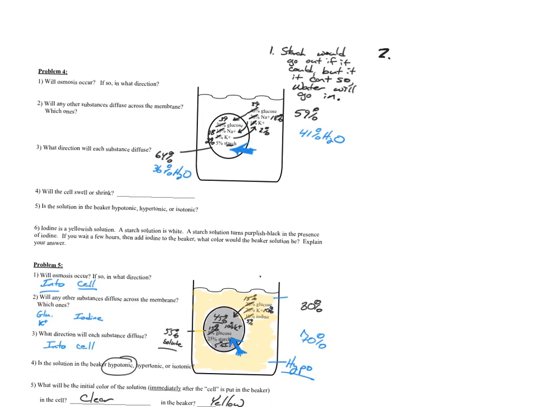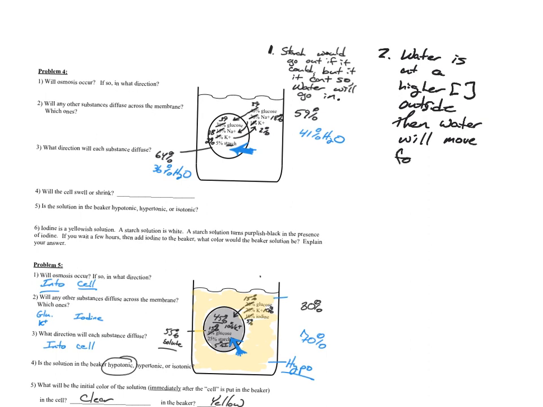Another way of thinking about it is, since water is at a higher concentration, and I'm going to put square brackets for concentration, outside, then water will move from out to in.